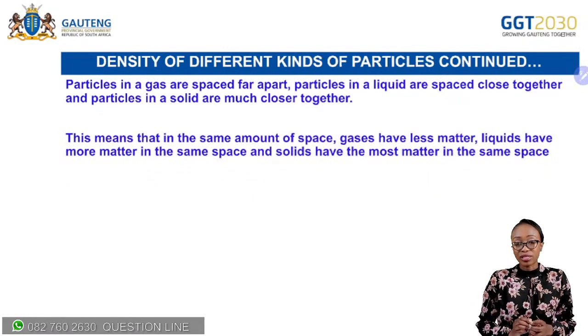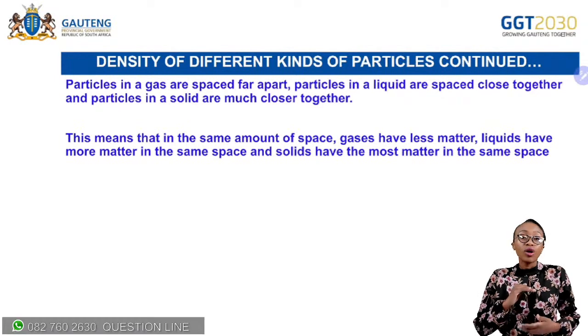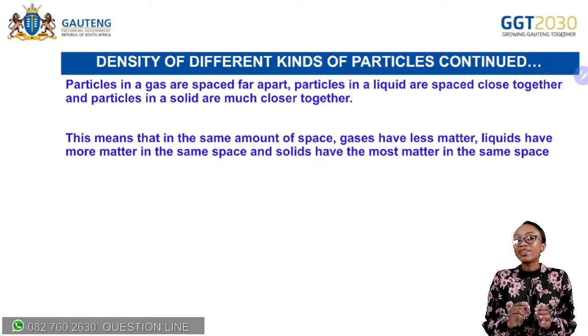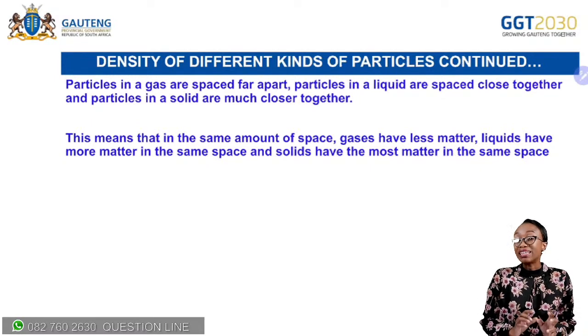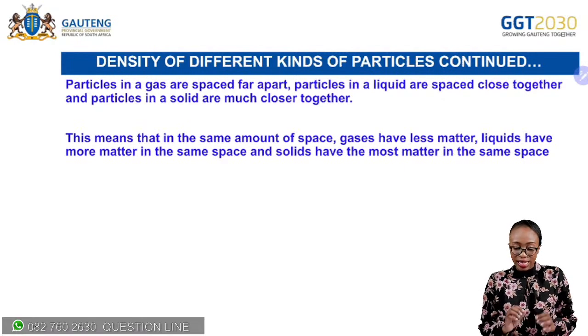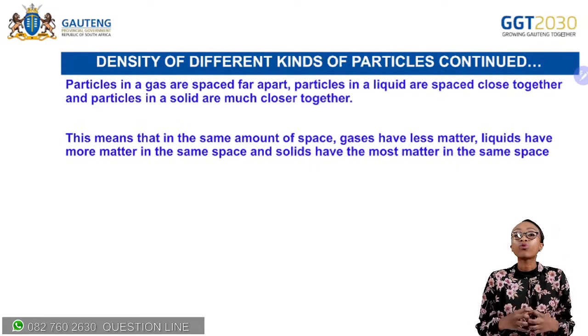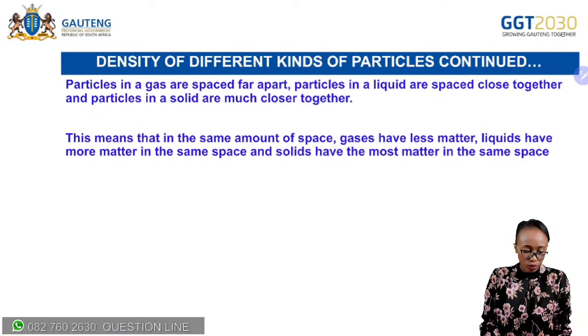So this means in the same amount of space, let's say that same container, that 2 by 2 by 2 cube, gases will have less matter, liquids will have a little more matter in the same space, and solids will have the most matter in the same space. Just think of a cube.